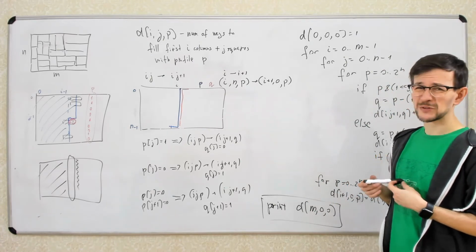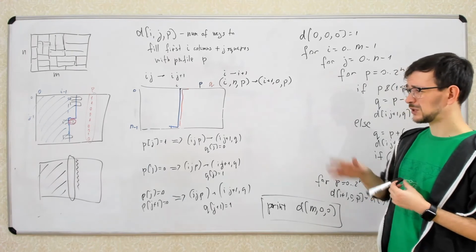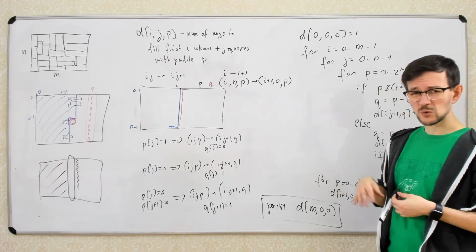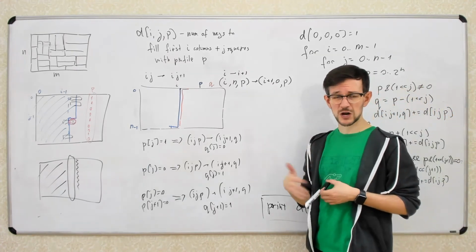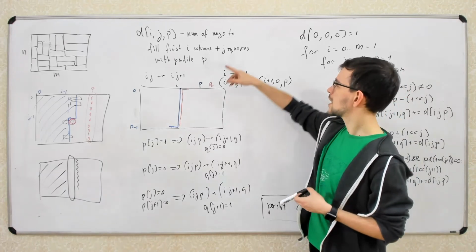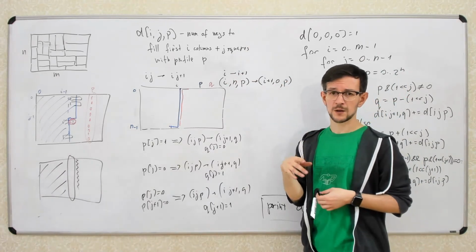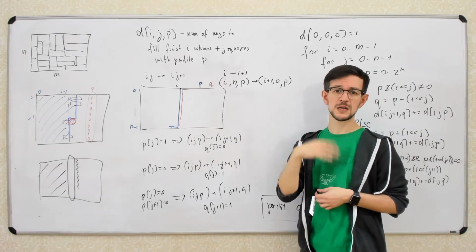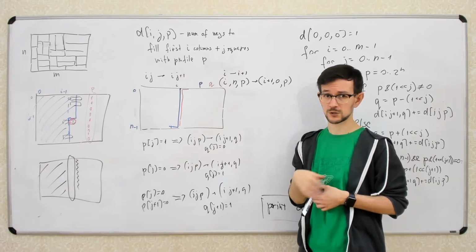This may happen in various different situations. Mostly it happens in two-dimensional cases, when you need to build some two-dimensional structure which optimizes something. Here I calculate the number of ways, but it is the same when you need to find the minimum of something, maximum of something, and so on.